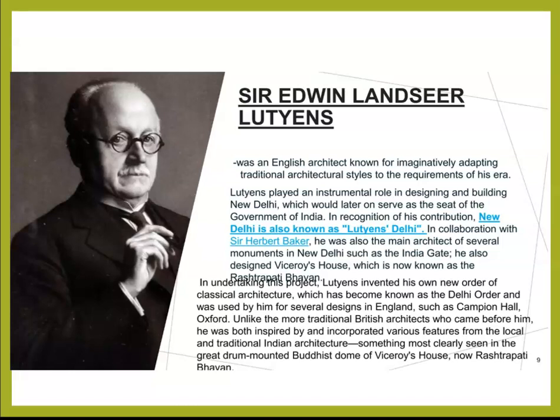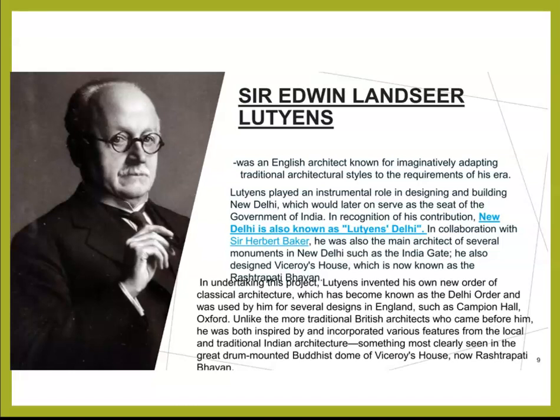He is an English architect known for imaginatively adapting traditional architectural styles required for that era. Lutyens played an instrumental role in designing buildings in New Delhi. He served on a seat in the government of India. In recognition of his contribution, New Delhi is also called Lutyens' Delhi.